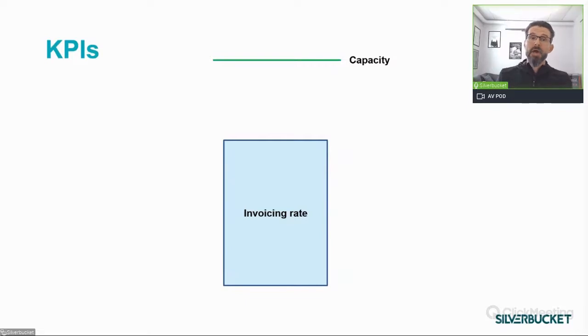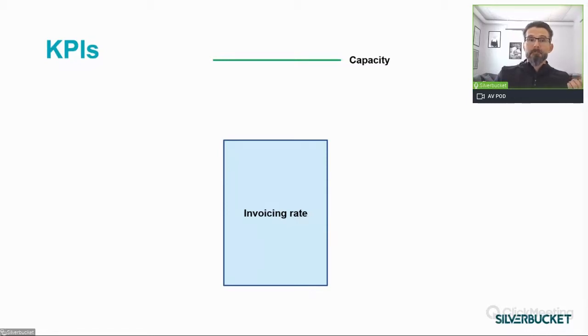Then, the blue area. That indicates the total number of allocations for the entire personnel for invoiceable projects. And there we have our first important KPI available, the estimated invoicing rate of the organization compared with the capacity.